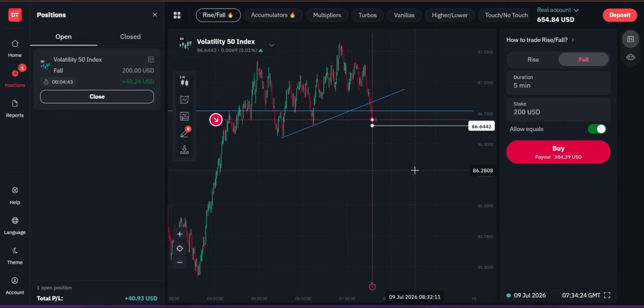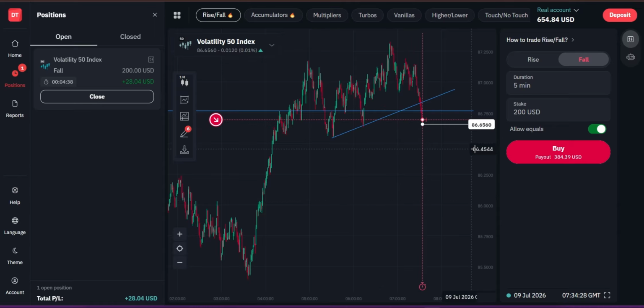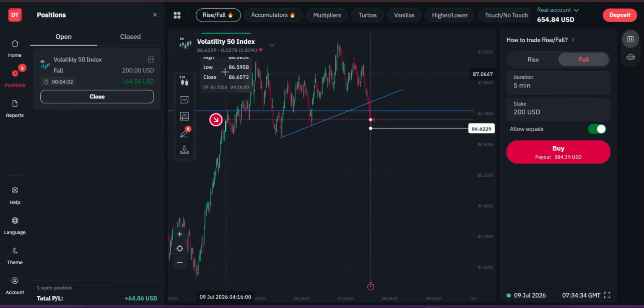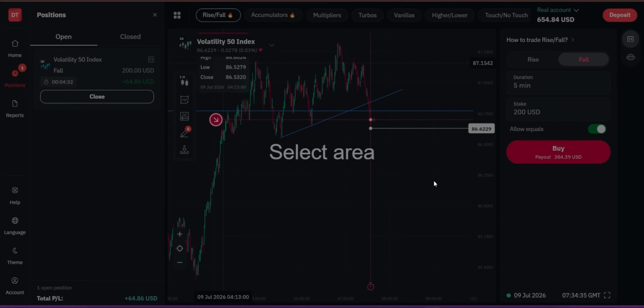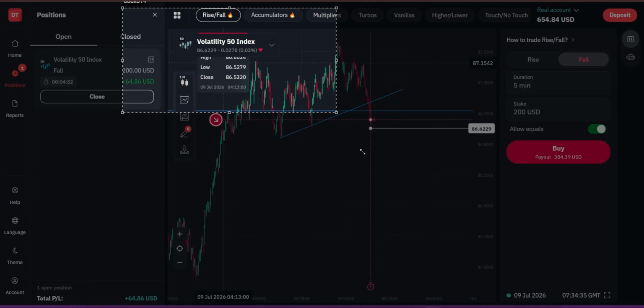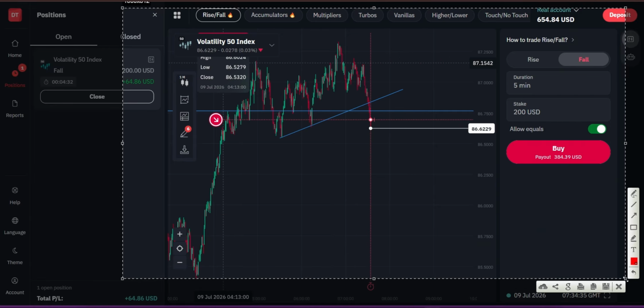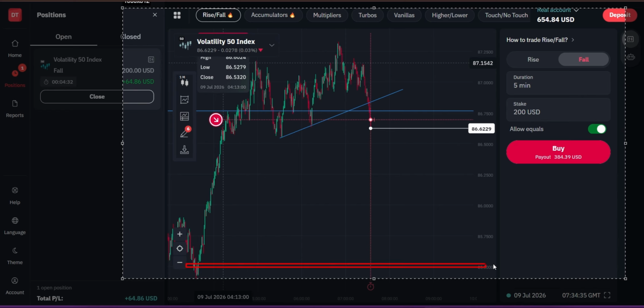And now let me explain this trade so you will understand each and everything. So why did I place a down trade? Because just check this market from this bottom zone, right?